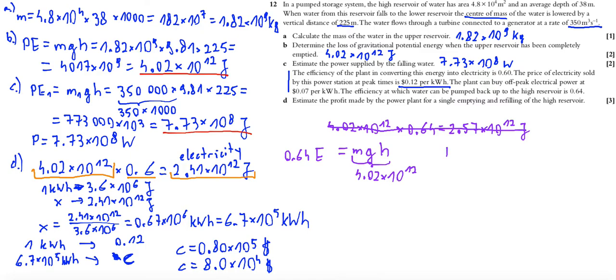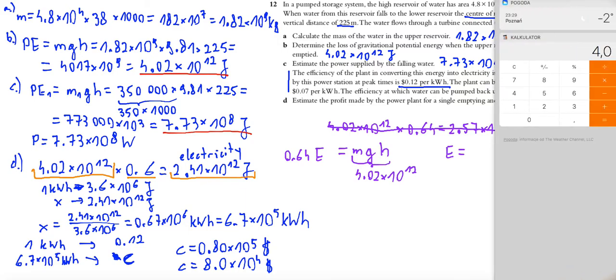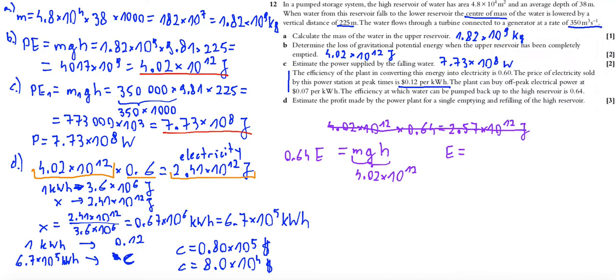So finally amount of electricity needed to pump it up is 4.02 divided by 0.64, which is 6.28 times 10 to the power of 12 of joules. Sorry, this is correct. Yes. So this energy is needed to pump it back. Okay.